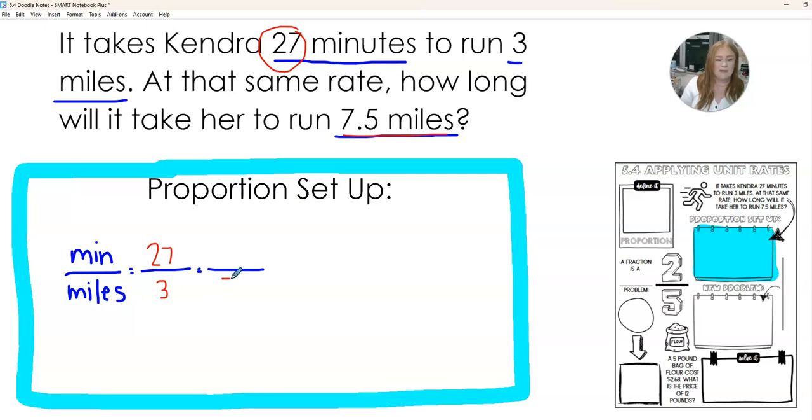So we want to put 7.5 on the bottom. So it's just telling us exactly where to put everything when we read our keywords here. So miles is always on the bottom. We went 3. Now we want to go 7.5. We are looking for this number right here. How many minutes did she go? This is our new setup that we're going to use.